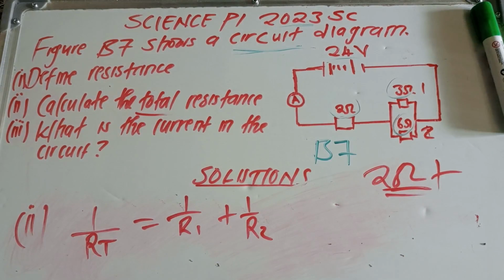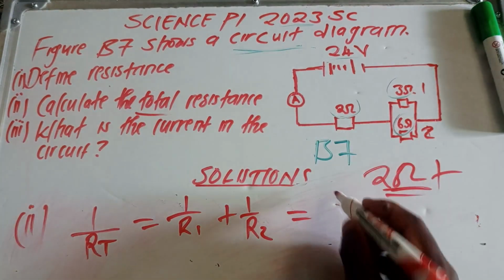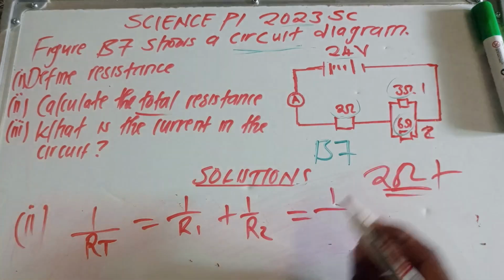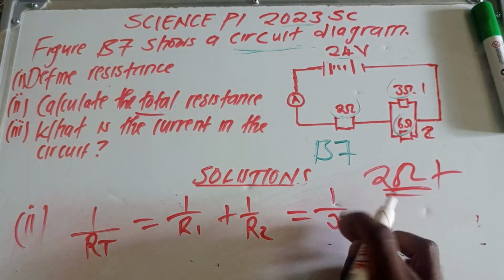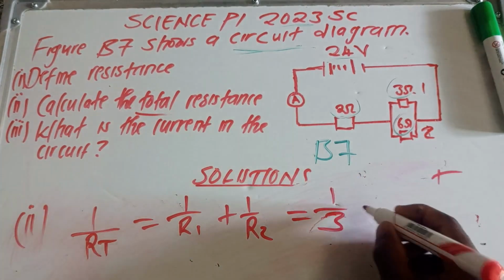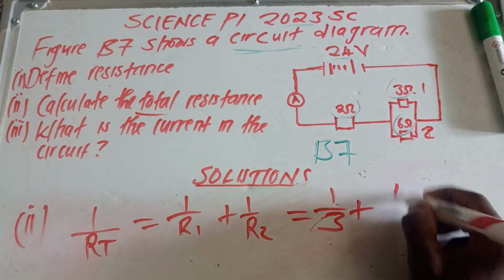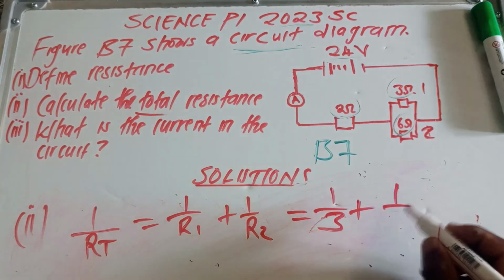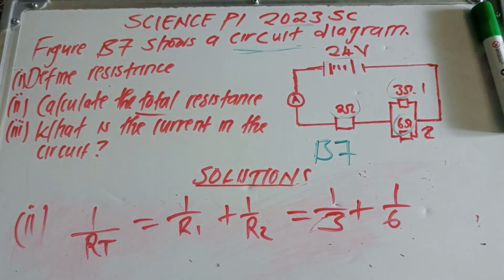So here we have resistance 1, which is 3, so our solution is going to be 1 over 3 plus 1 over resistance 2, which is 6.